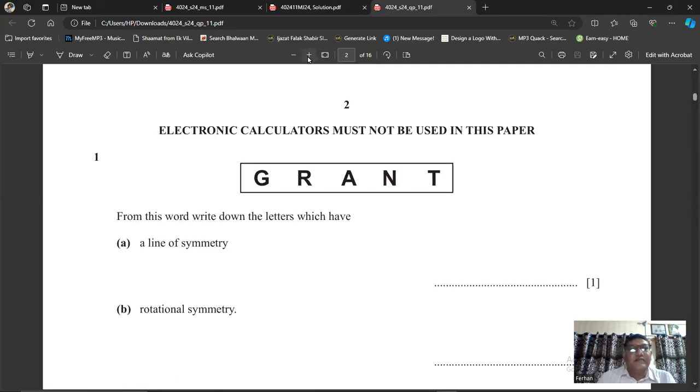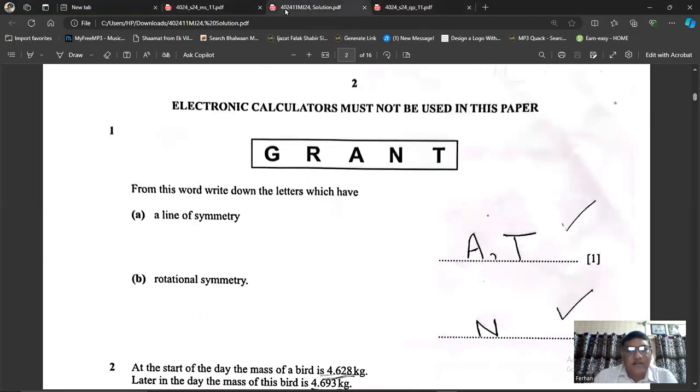He says, from this word, write down the letters which have a line of symmetry. So we are looking for that letter which has one line of symmetry. So A has a line of symmetry. You can see this is the line of symmetry, and the T has a line of symmetry. So my answers will be A and T.